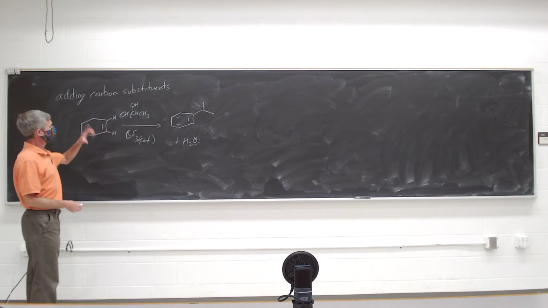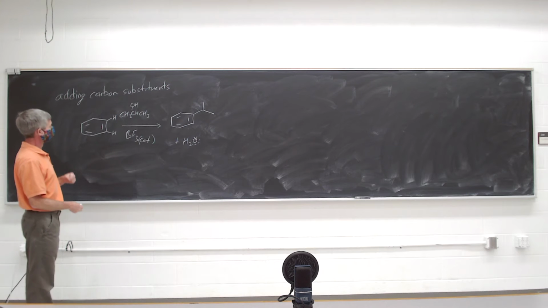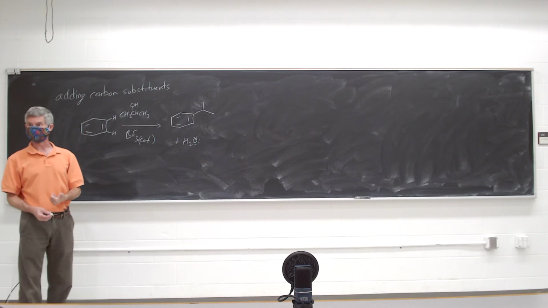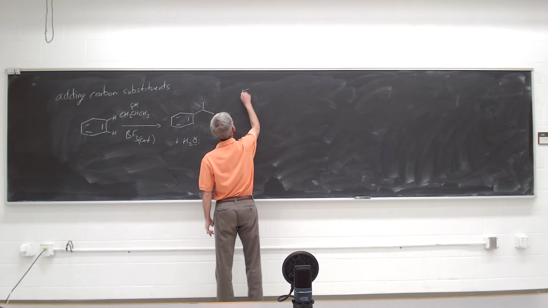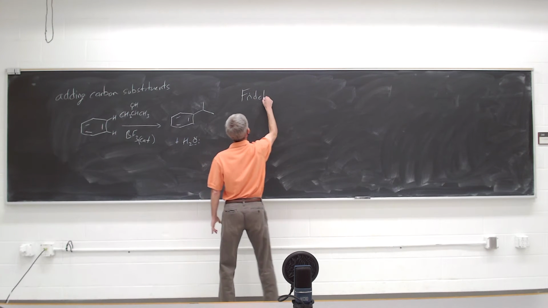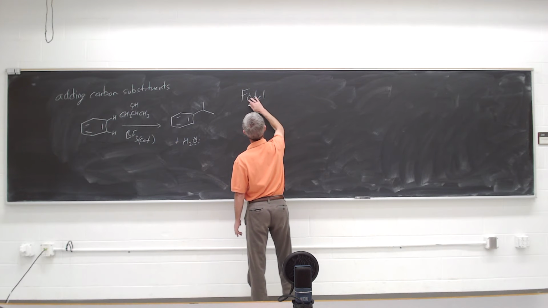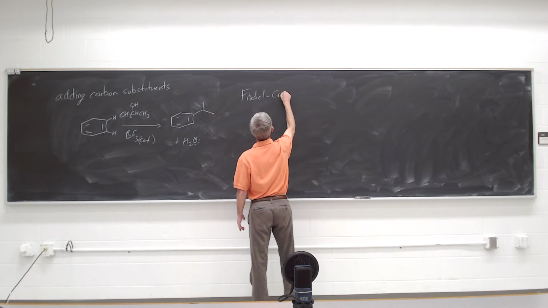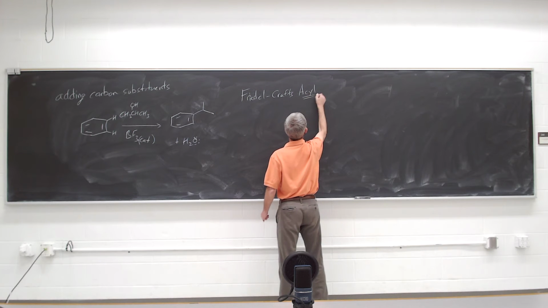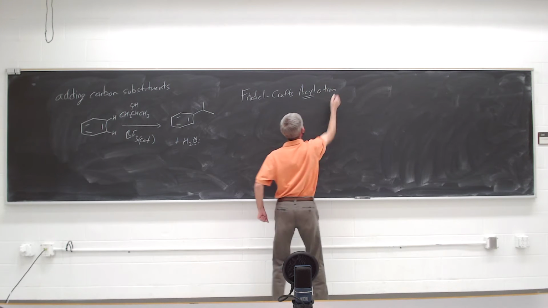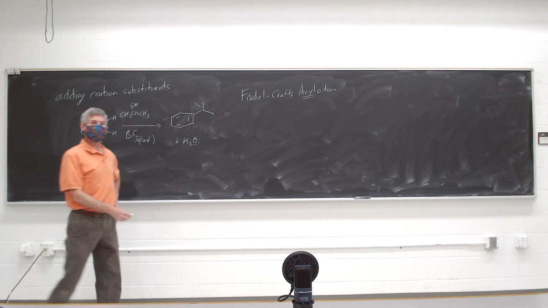So how can we put an alkyl substituent on there and not have to worry about over-alkylation and not have to worry about rearrangement? It's another Friedel Crafts reaction, Friedel Crafts acylation.